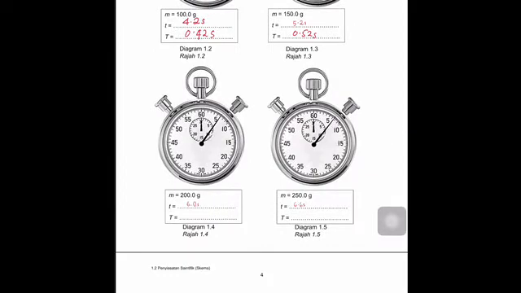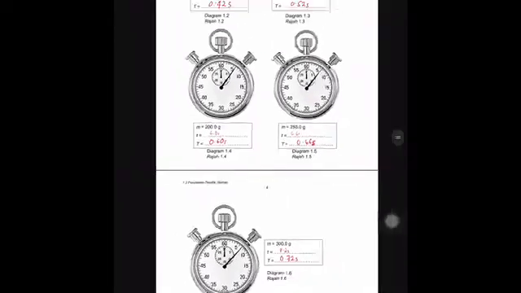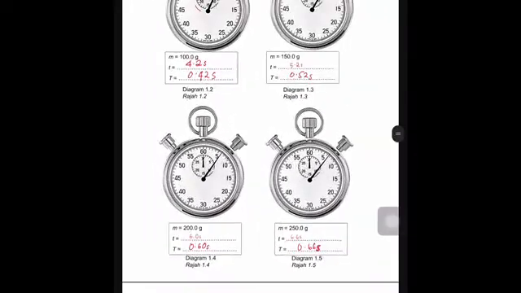This one 0.60 second. You see, I don't forget my 0. This one 0.66 second. This one is 0.72 second. Now, you see all the 5 answers are correct.